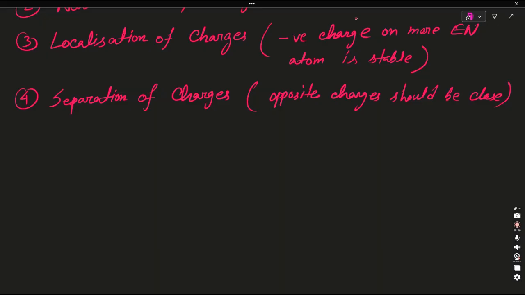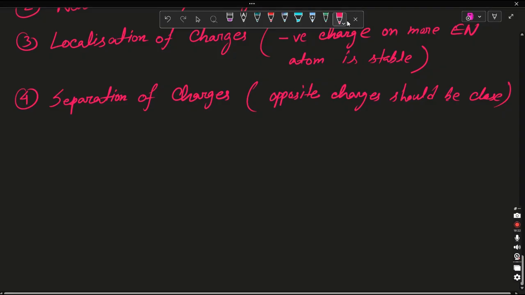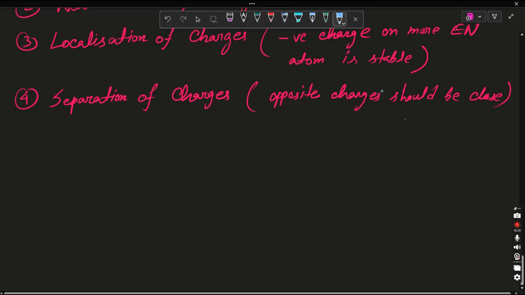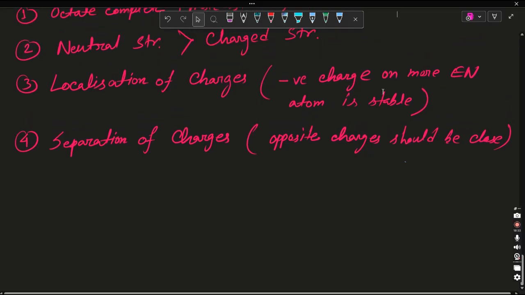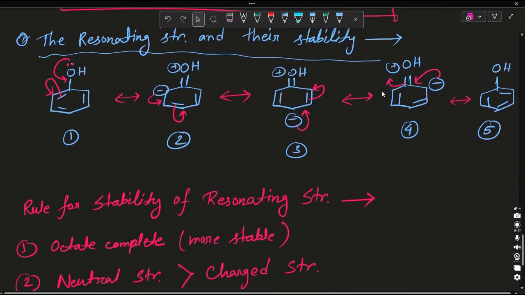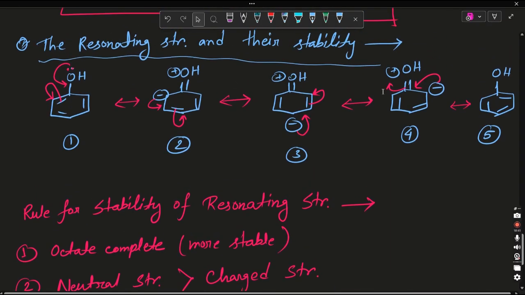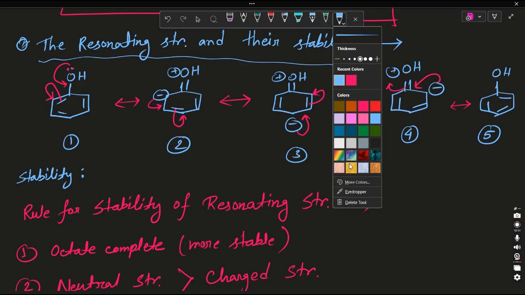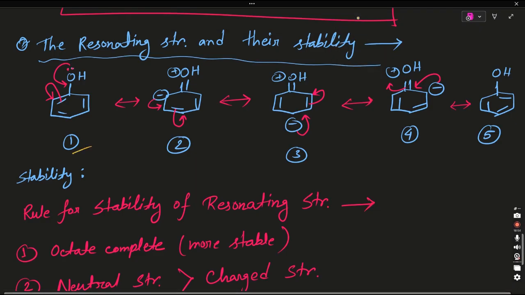So now if we want to consider the stability order of the previous example, we will follow these rules. Let us see what happens for this example. You can see the first and the fifth forms are neutral and also the octet is completed.